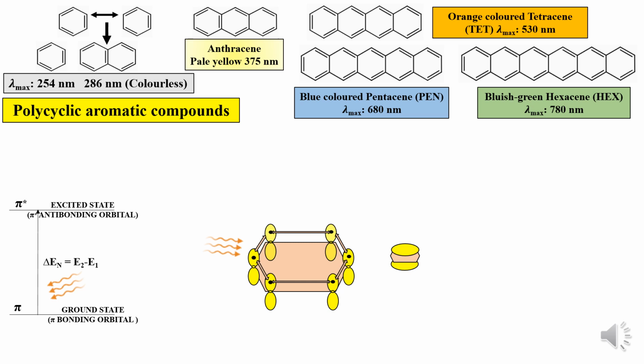Now, the pi electrons present in the pi bonding orbital in the ground state are represented by the pi symbol, while the pi electrons in the excited state are represented by pi star, in the antibonding orbital. So when the right amount of energy provided by the UV visible radiation strikes the polycyclic aromatic compound, the loosely held pi electrons undergo transition from the ground state to the excited state.